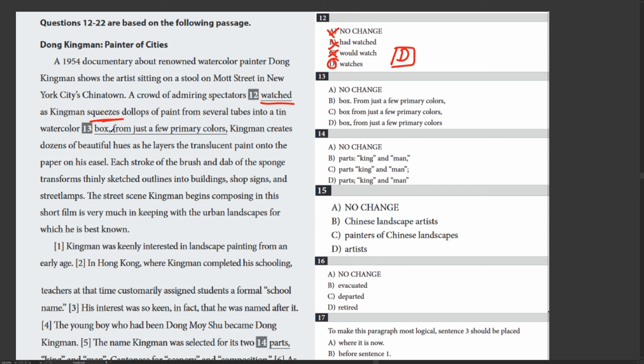And just because we can have a period here, if we have a period there, a crowd watches Kingman squeeze drops of paint into a tin watercolor box, and then we're saying that from these colors. So those are like two separate ideas, and they don't really need to be in one sentence. As you can see, without the period, it's just going to be a really long sentence, and it starts to get confusing after the box part.